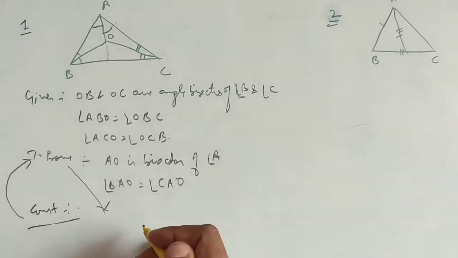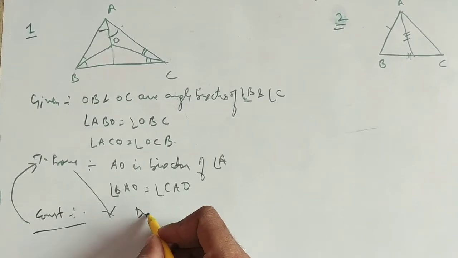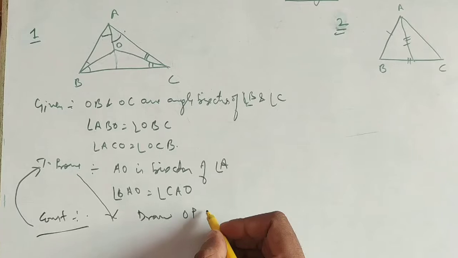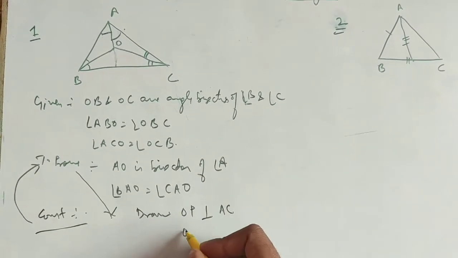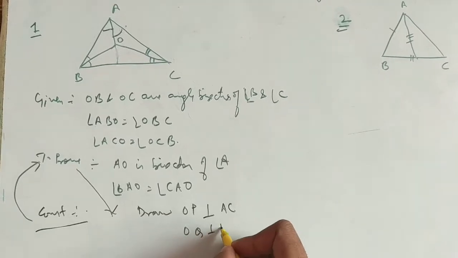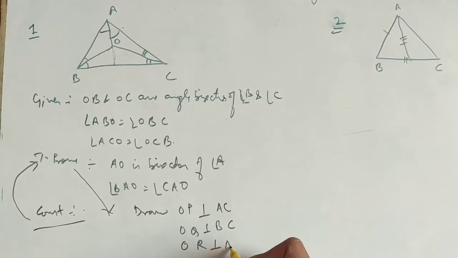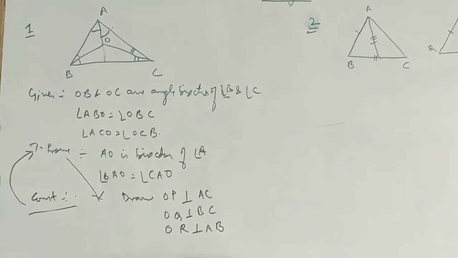Okay, so now in the construction part, what will you write? We will write, let us draw OP perpendicular to suppose AC, OQ perpendicular to BC, and OR perpendicular to AB. We draw these three perpendiculars.